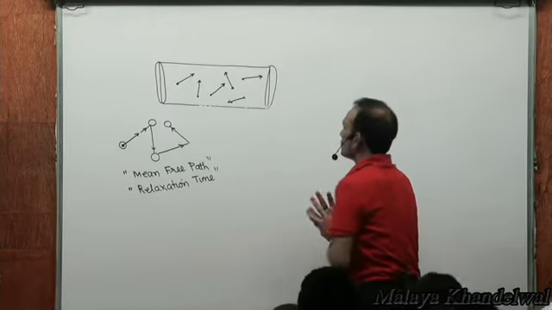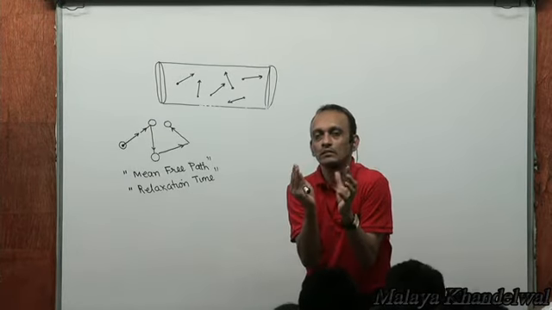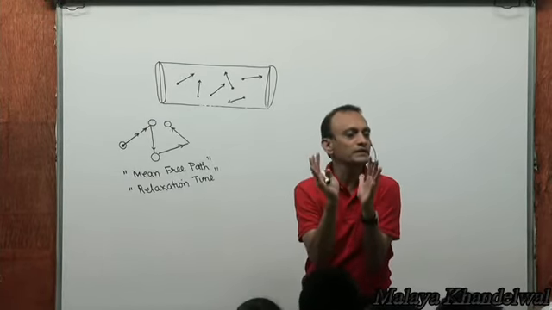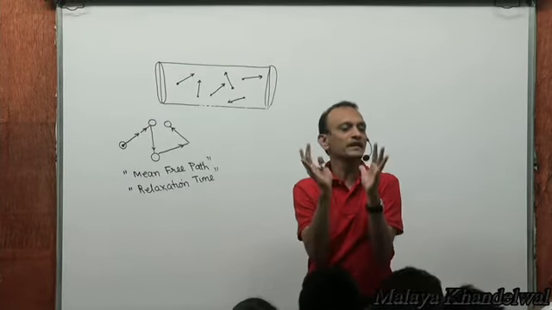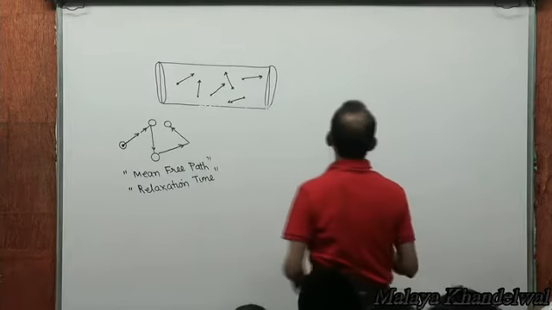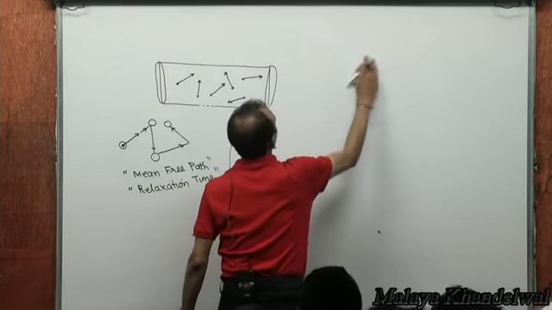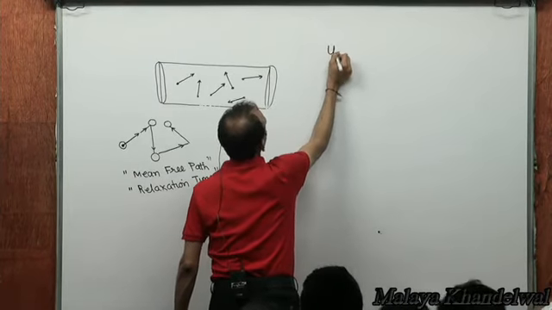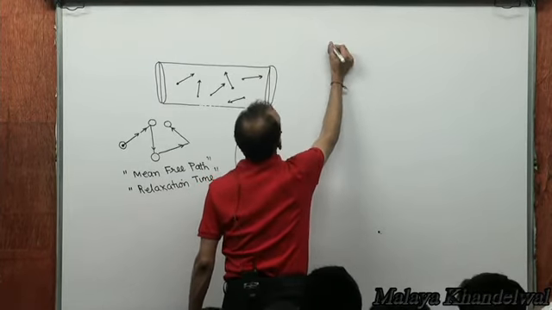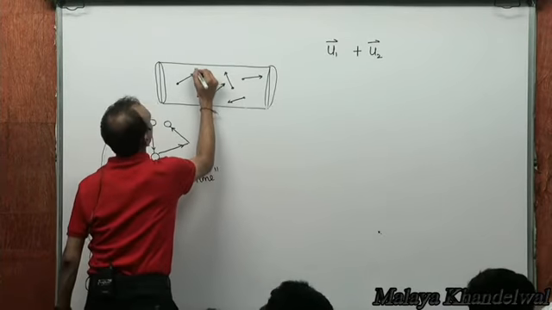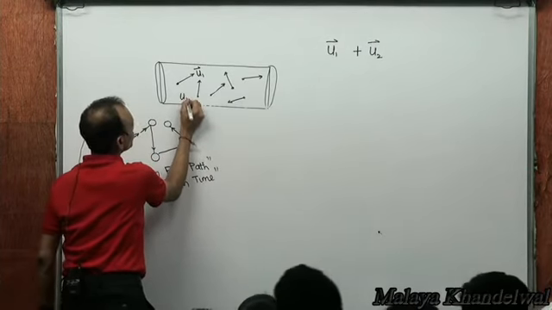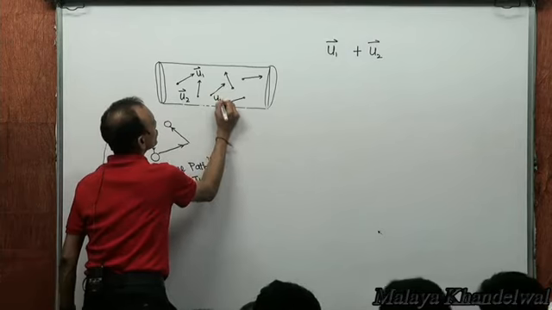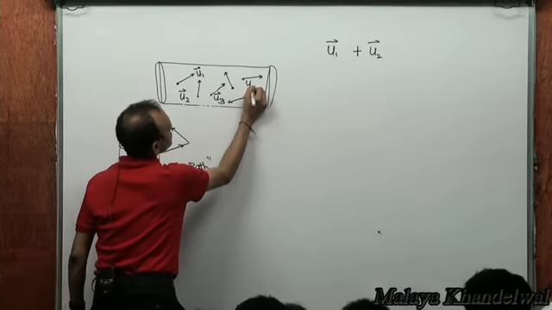If I take a small piece of conducting matter which has a large number of electrons, say the thermal velocity of one electron is found to be u1, the thermal velocity of another electron is u2, this is u3, this is un.